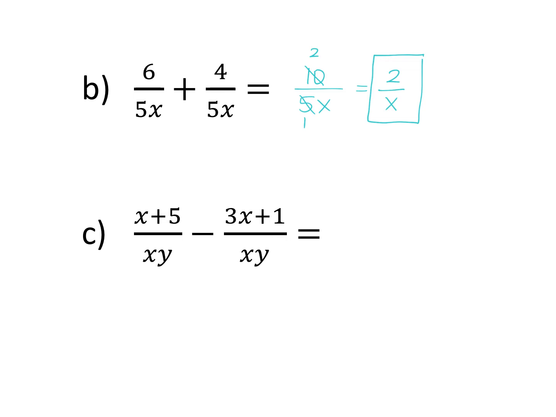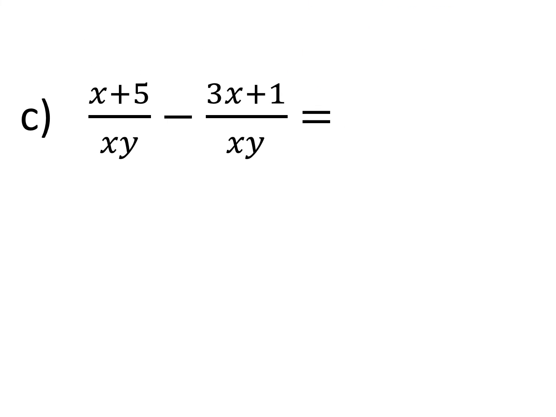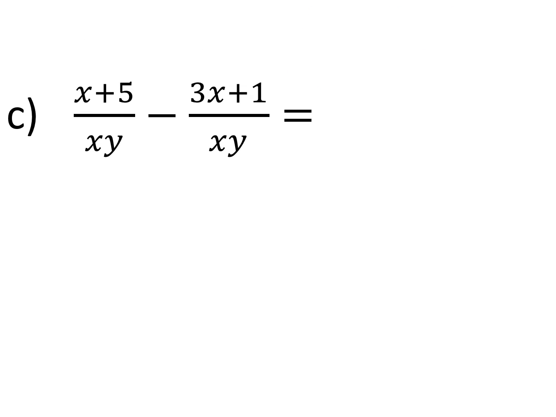Okay, letter C here. Now here's where some of the issues start to happen. This is subtraction, okay? Maybe you want to set it up like this. Our common denominator is already xy, so just make it one big division bar and do x plus 5 minus 3x plus 1, okay? You're welcome to set it up that way if that makes more sense to you. You're just subtracting the numerators, but here's the deal.